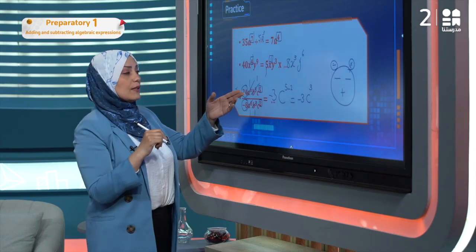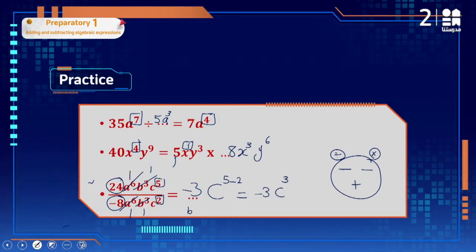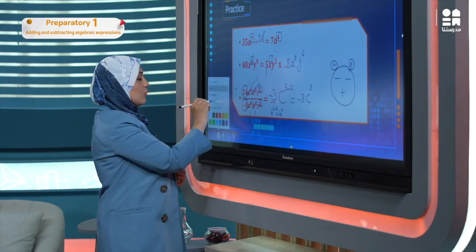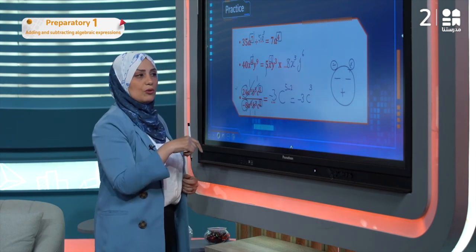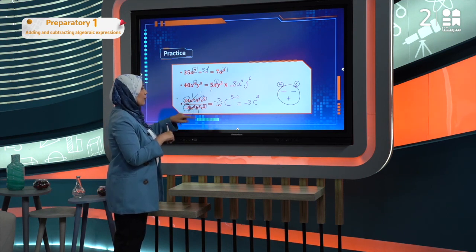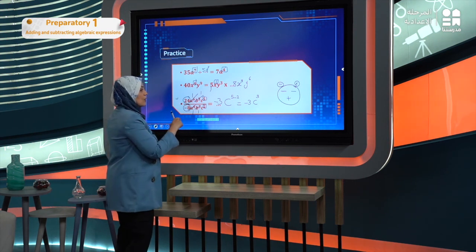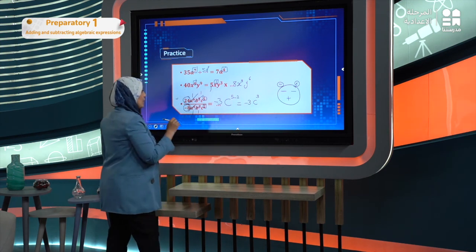If I apply the rule to b, b to the power of 3 minus 3, we also get b to the power of 0, and as we said before, any number to the power of 0 equals 1. So immediately cross out the same variable with the same exponent up and down, no need to subtract, because b to the power of 3 over b to the power of 3 cancel each other. So the quotient is negative 3 c to the power of 3.